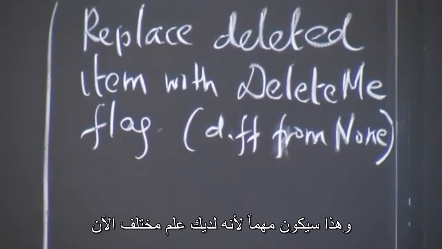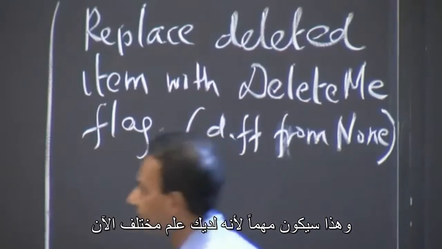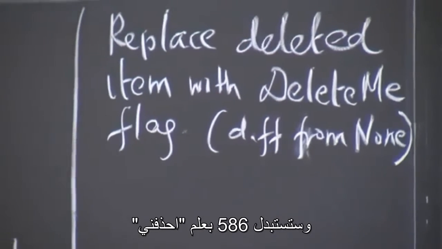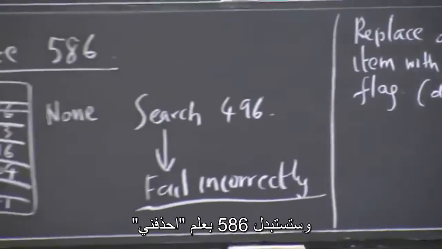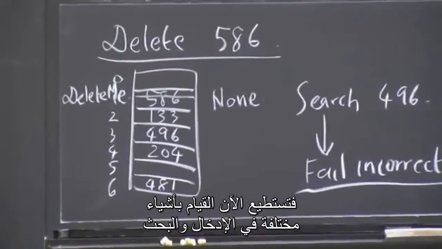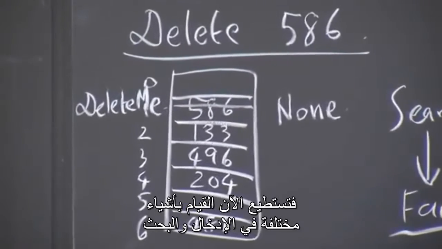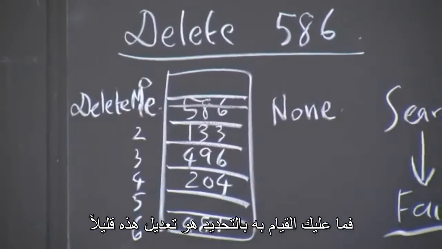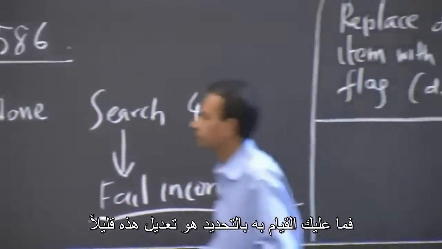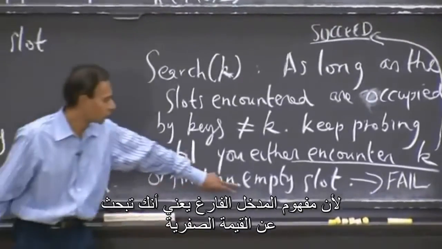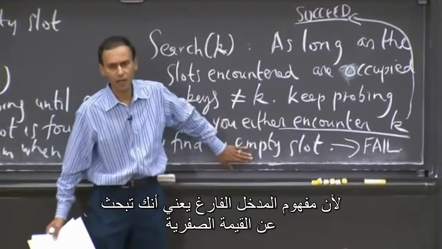And that's going to be important because now that you have a different flag and you replace 586 with delete me, you can now do different things in insert versus search, right? In particular, you'd have to modify this slightly because the notion of an empty slot means that you're looking for none.